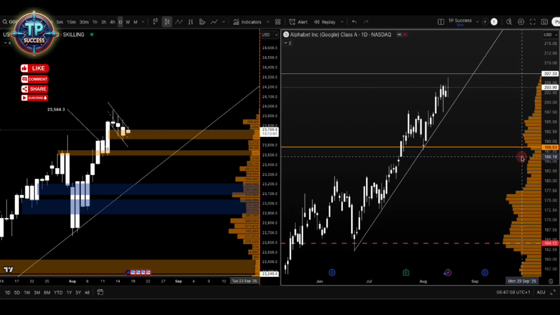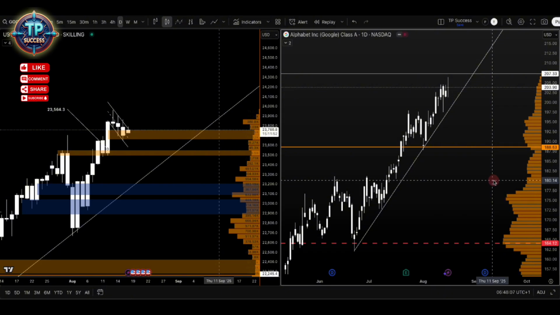At which point, if you're thinking of taking positions in Google A class, you can say you're pretty much getting it at a discount, and the lower it comes down, the cheaper it will be for you. So with that said, we're going to move on to the next one real quick.